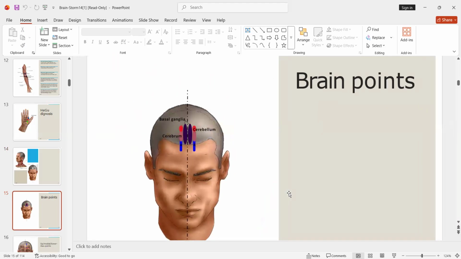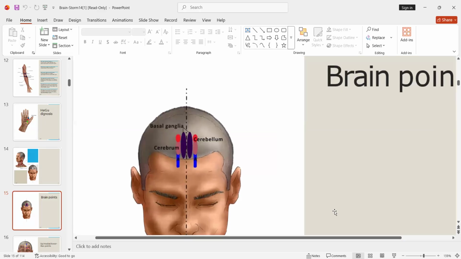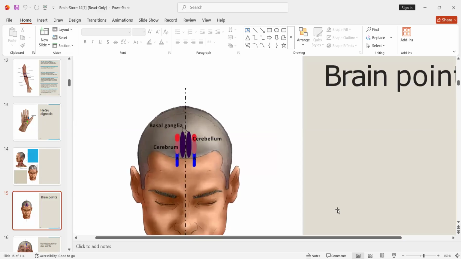Here is the point: basal ganglia, cerebellum and cerebrum. Almost every time you ask me where the point location is. Above the A point, there is cerebrum, then cerebellum, and between both A points, there is basal ganglia. Basal ganglia controls our voluntary movements.